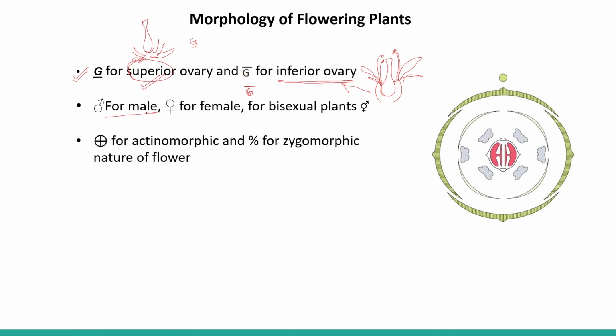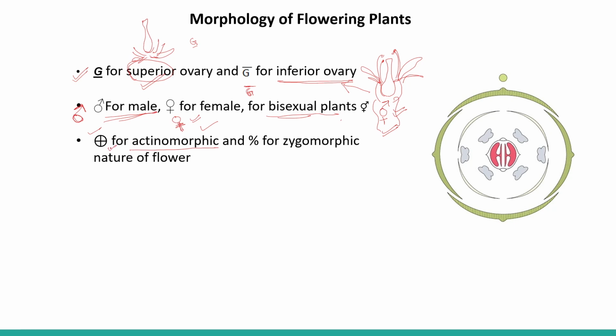For male, we use this symbol, and for female, this symbol. If the flower is unisexual, it will be a male flower and a female flower. But if the flower is bisexual, it will be represented by a symbol having both male and female reproductive parts in the same flower. Then it is a bisexual flower.